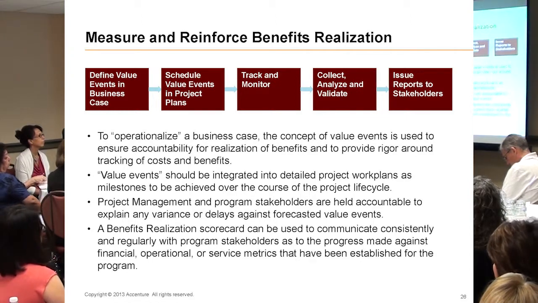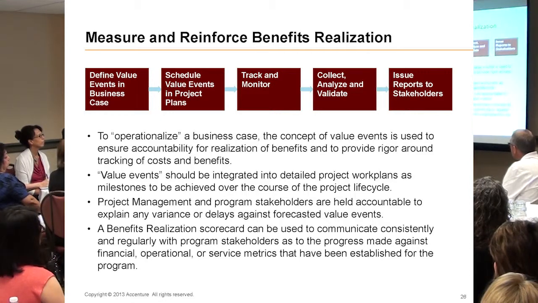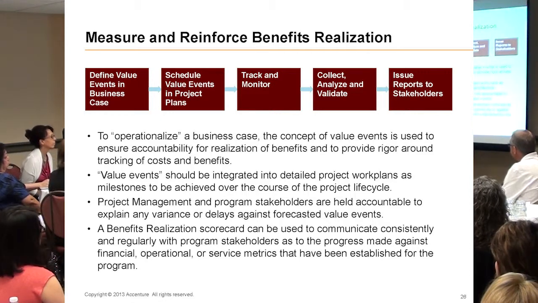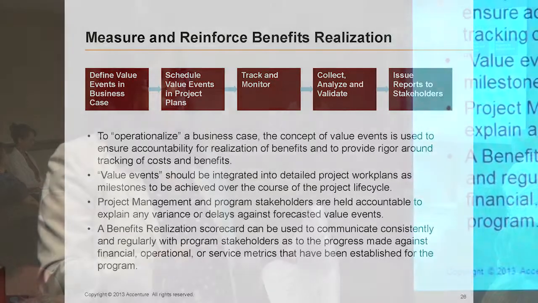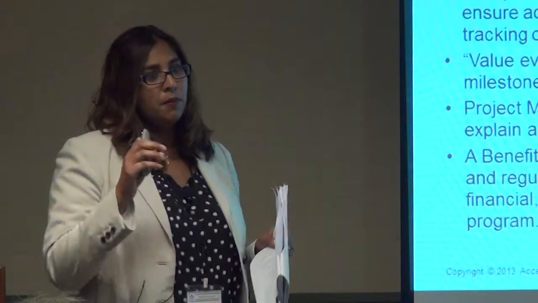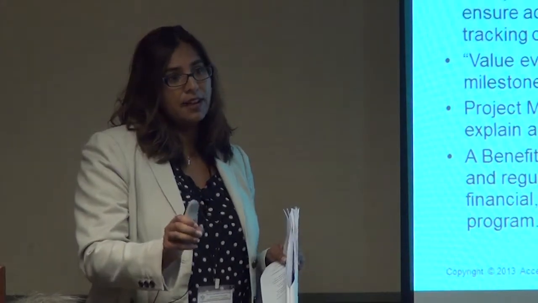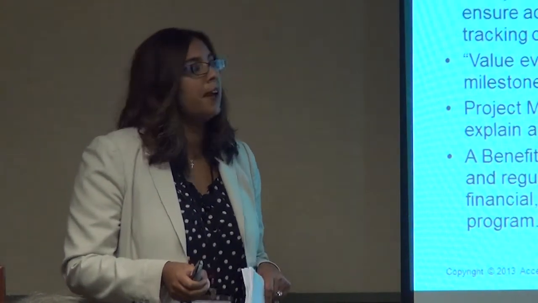So if it's cost reduction, maybe you're doing a strategic sourcing project and you're going to source supplies differently, or consolidate vendors. When that happens and those contracts go away, and now you're sourcing paper supplies or something from one vendor, that's a value event. There's a time element tied to that where you're going to achieve that value.